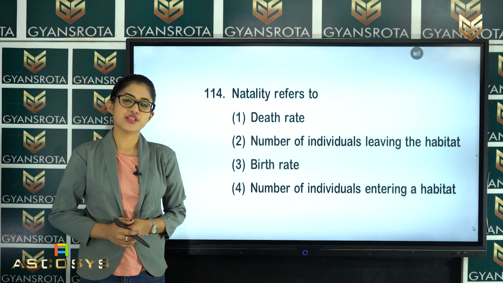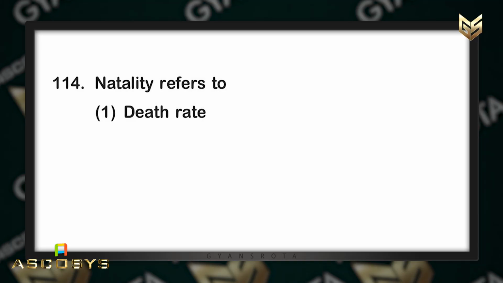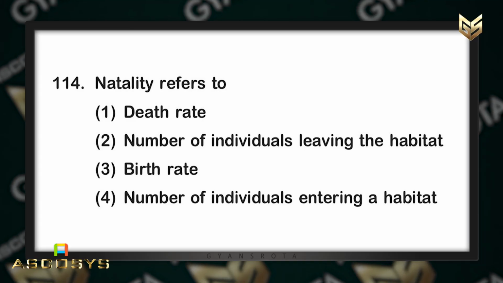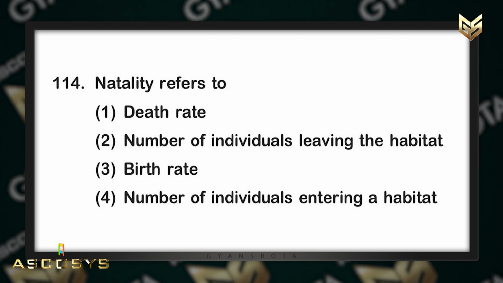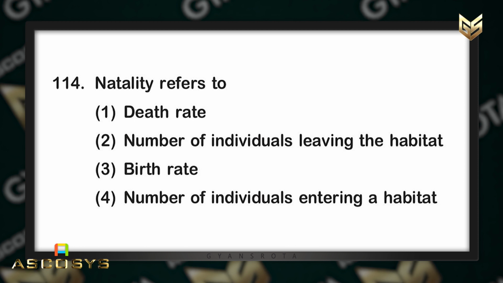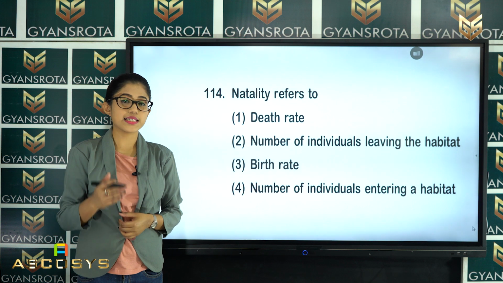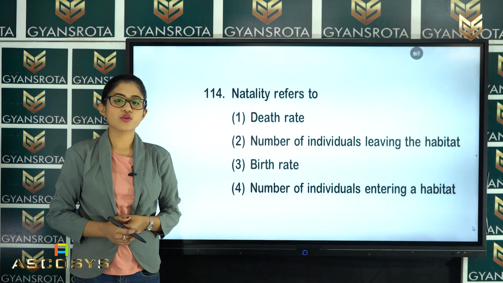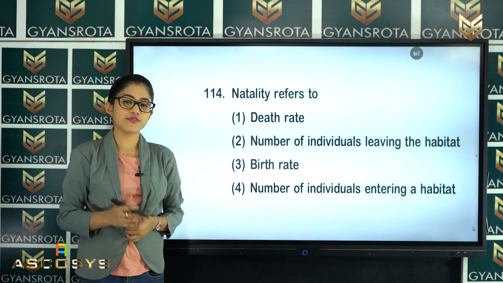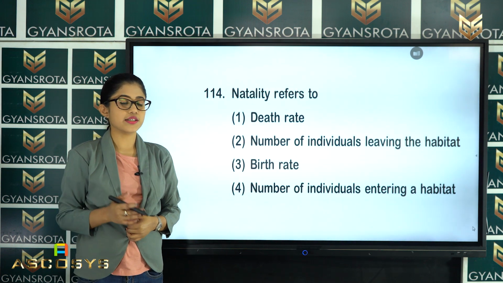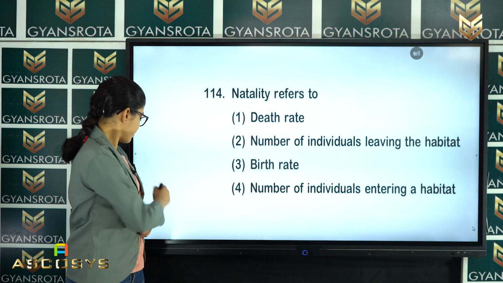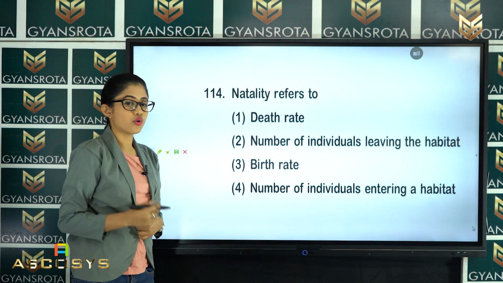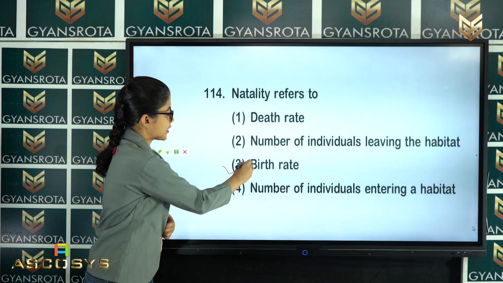Now in the next question, as you can see here, natality refers to: death rate, number of individuals leaving the habitat, birth rate, or the number of individuals entering a habitat. So we have got this term natality from the chapter organisms and populations, right? So which among them is the correct definition for natality? That refers to the birth rate. So option number 3 is the correct answer.